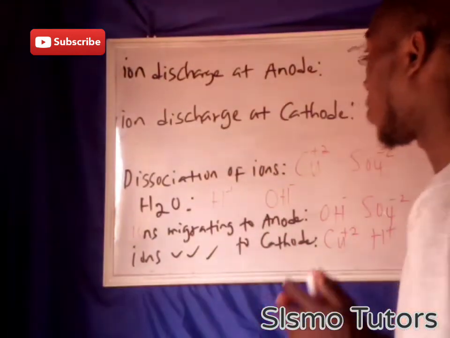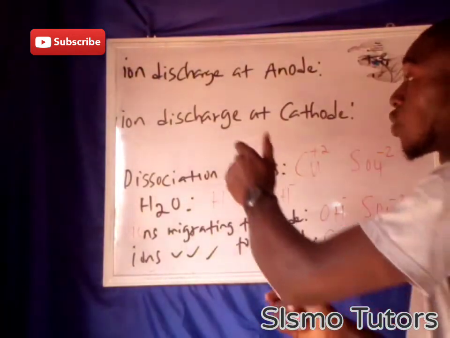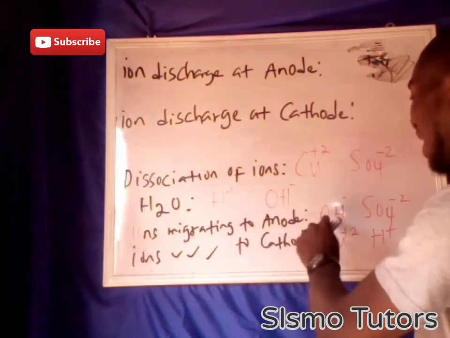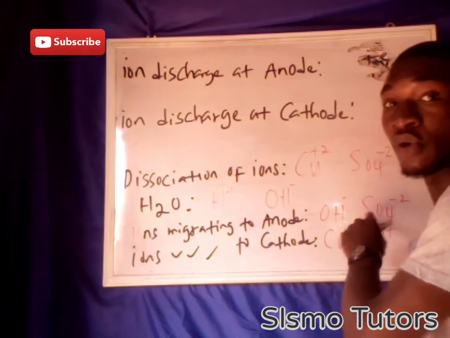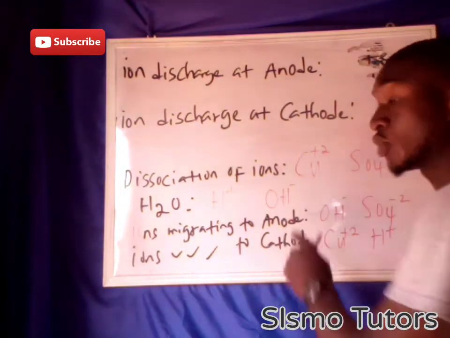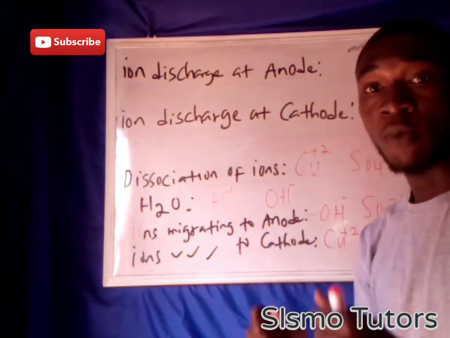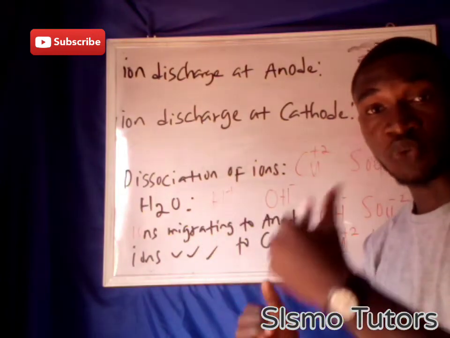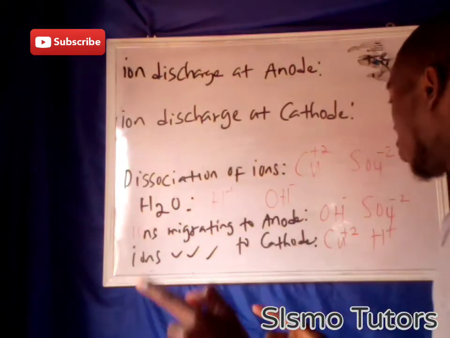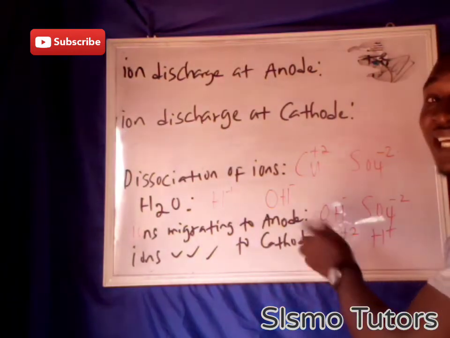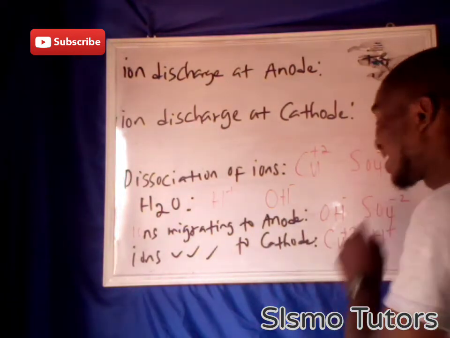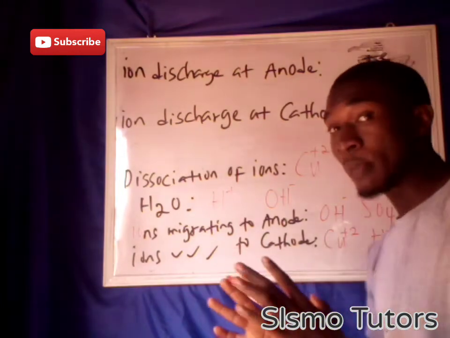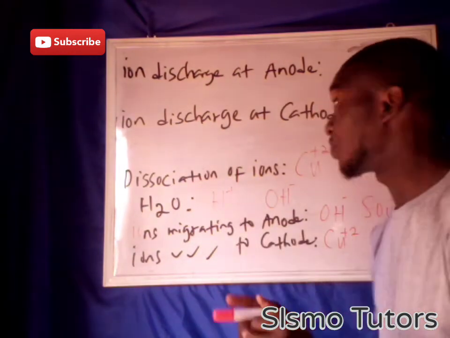Now, considering the ions that will be discharged at the cathode and at the anode, remember that we have the hydroxide ion and the sulfate ion migrating to the anode. Which one will take much preference? Considering the electrochemical series which we wrote down earlier, we observe that the hydroxide ion is below the sulfate ion in the electrochemical series. Hence, the hydroxide ion will be discharged at the anode.